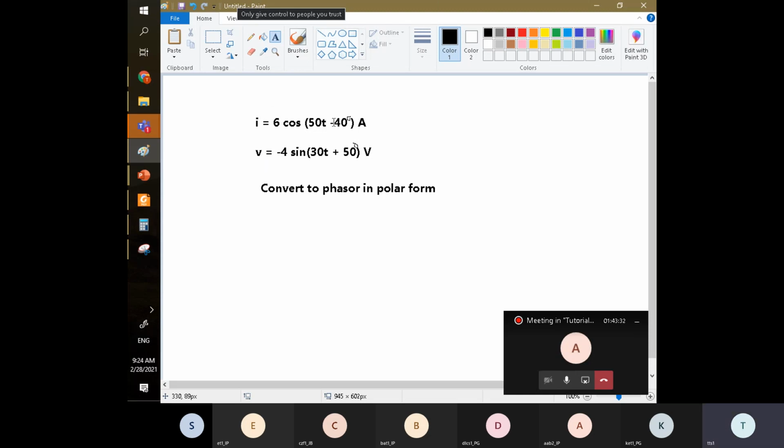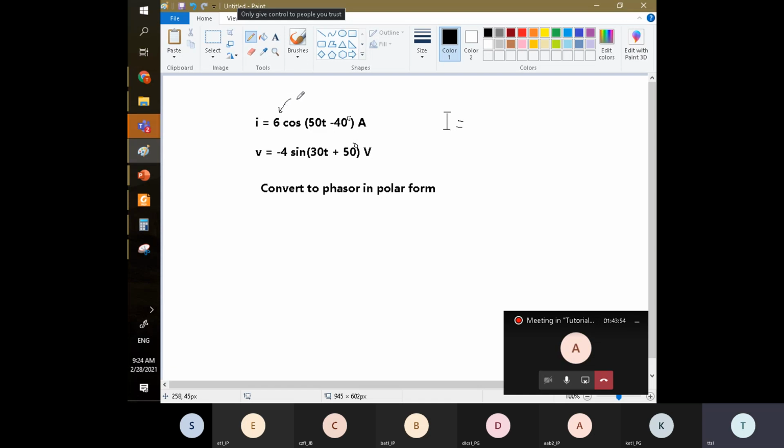Okay, actually this answer is quite straightforward. For the I, convert to polar form, usually we write the capitalized I is equal to, this is the amplitude, right?